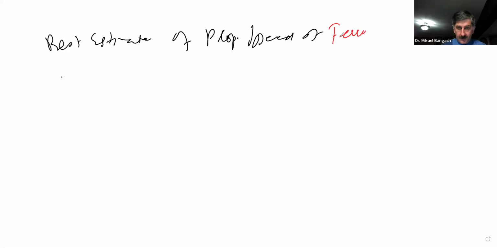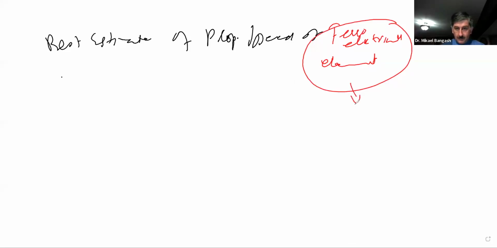It says ferroelectrical element. Clear? This is just another name for your PZT, your active elements, or what we can call the crystals.